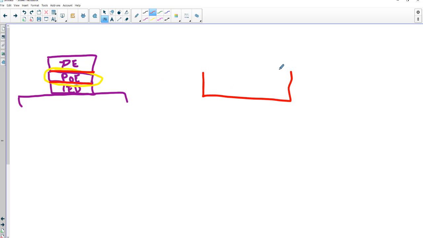So let's redraw the object first, the middle book. In this case, I know that the DE book is pushing down on it, right? Something is above it. So we could just say force of the DE book.